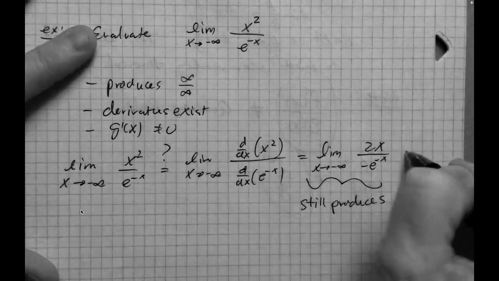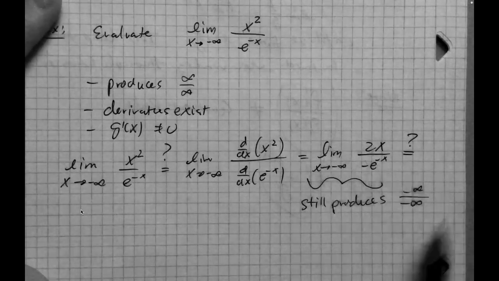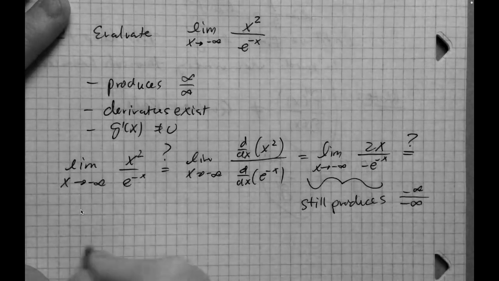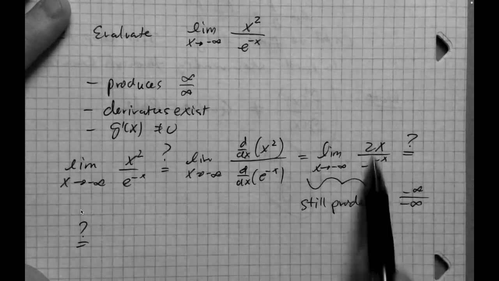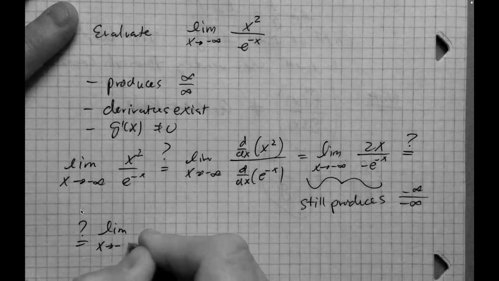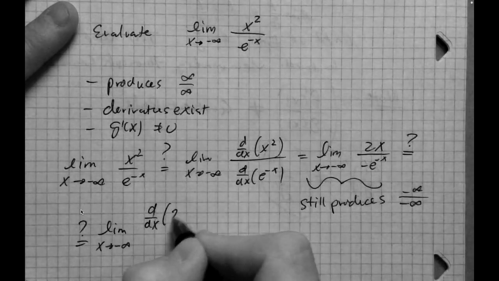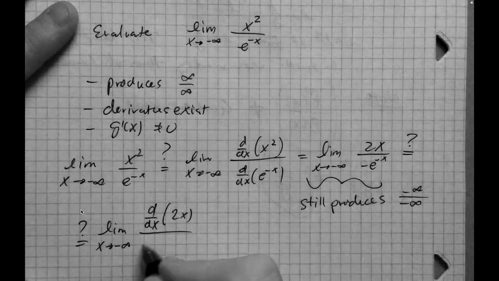So what we can say is that, in theory, if the limit exists, this will be equal to the limit as x approaches negative infinity of the derivative again of the top and bottom separately.